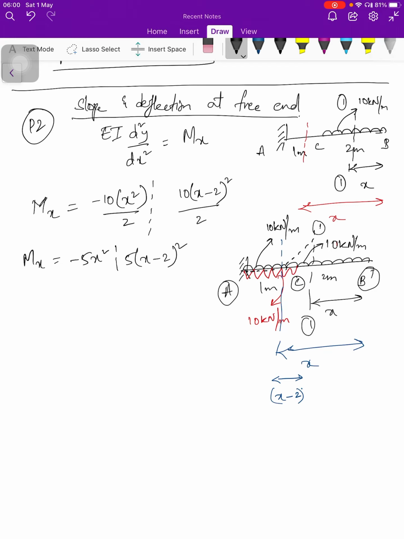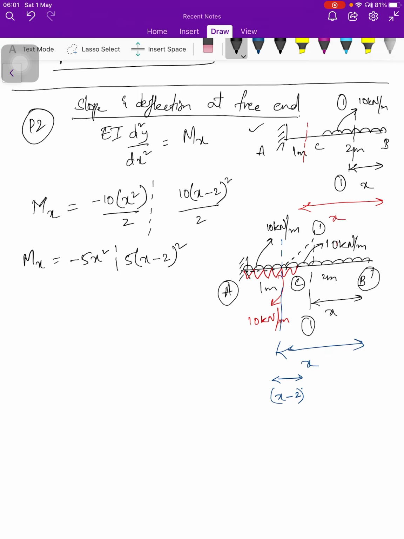So suppose we take a section 1 at a distance of x from C. See this figure, what is the moment of UDL you have? 10x square by 2 is the moment of UDL. If I move this section up to point C, the moment will not change. But if I move this section beyond point C, where you don't have any load, the moment of this UDL will be changed.